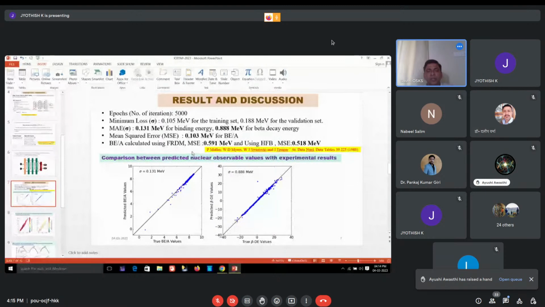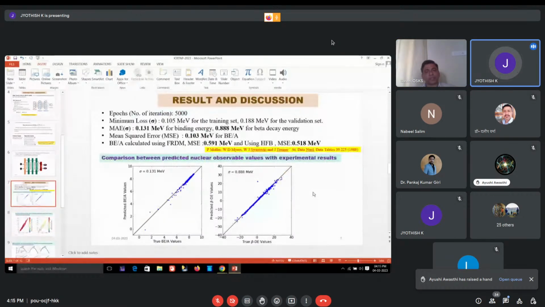I don't know the exact values of FRDM, so I can't say anything, but the generalized liquid drop model has been derived from FRDM. Maybe you should compare with the generalized liquid drop model, because FRDM is a very old model. And even then you should compare root mean squared error, not mean squared error, because they are not given that. Yes. Okay. But what will you do with this result?